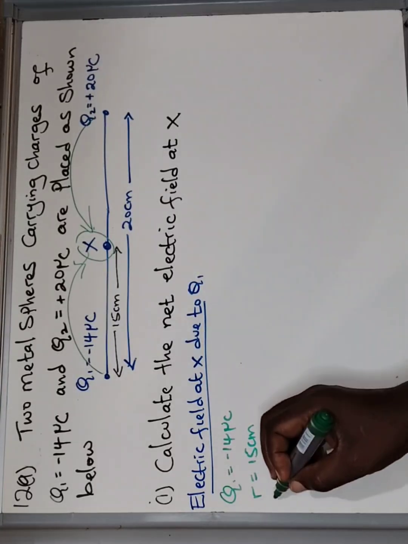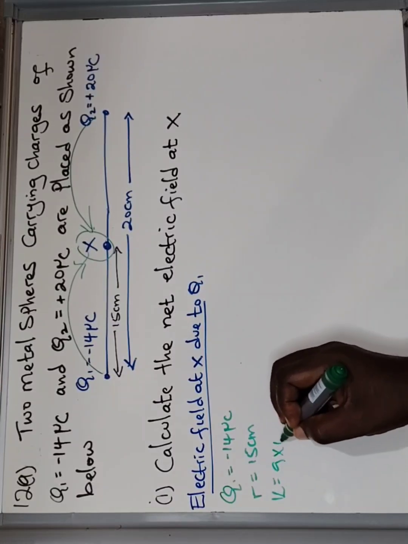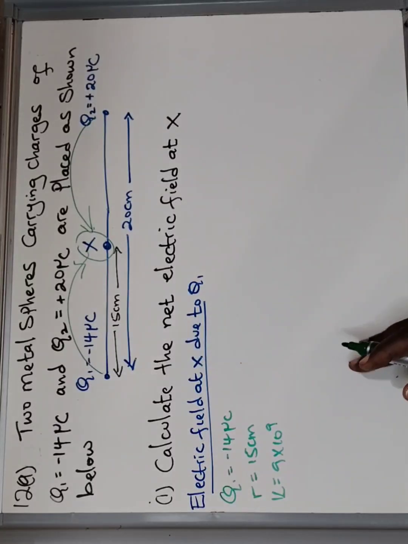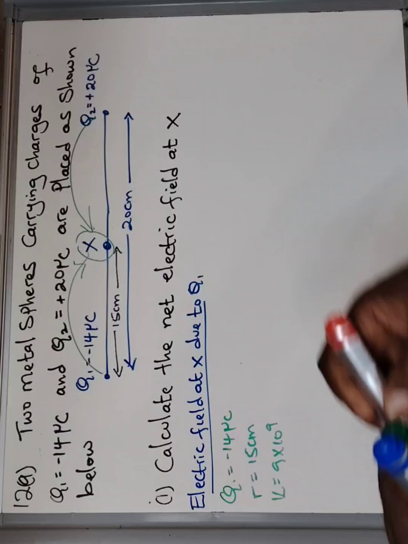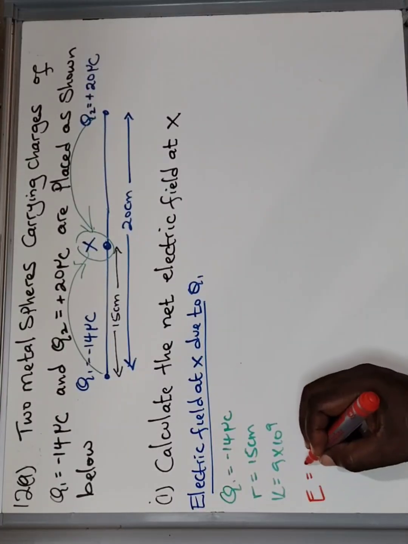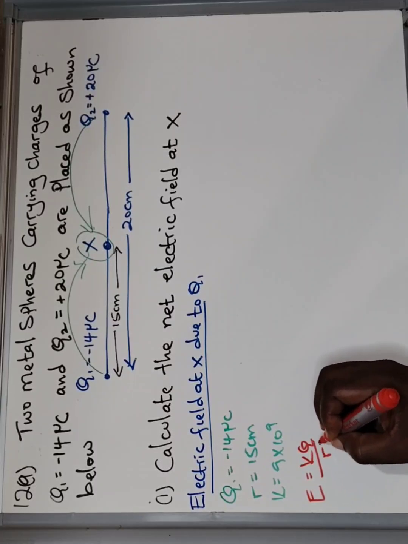What else do you know? You know K, which is 9 times 10 power 9. So with this information, you quote the right formula. And the formula says E is equal to KQ over R squared.